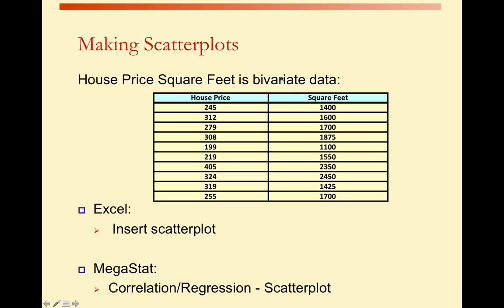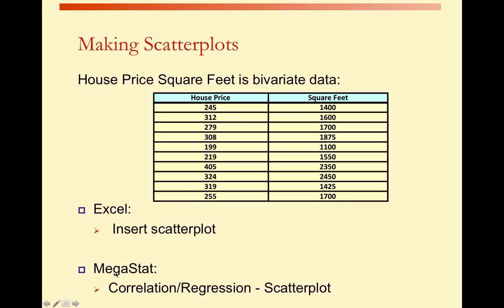Bi meaning two, variate meaning variable. The price, of course, is going to vary somehow with the amount of square feet. And if I have a high house price, that's somehow going to also determine how big it is.